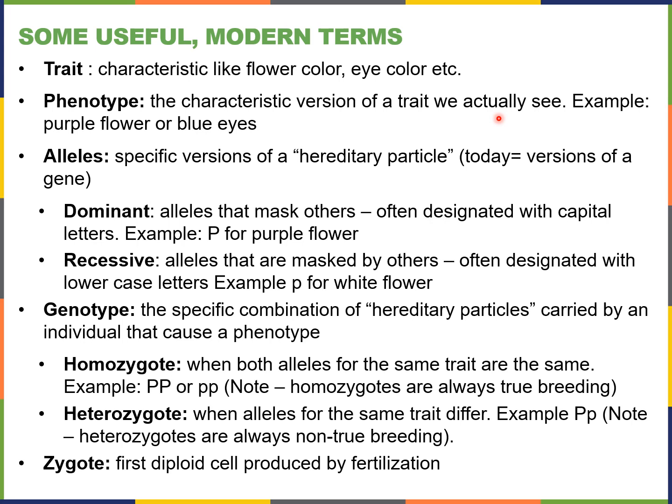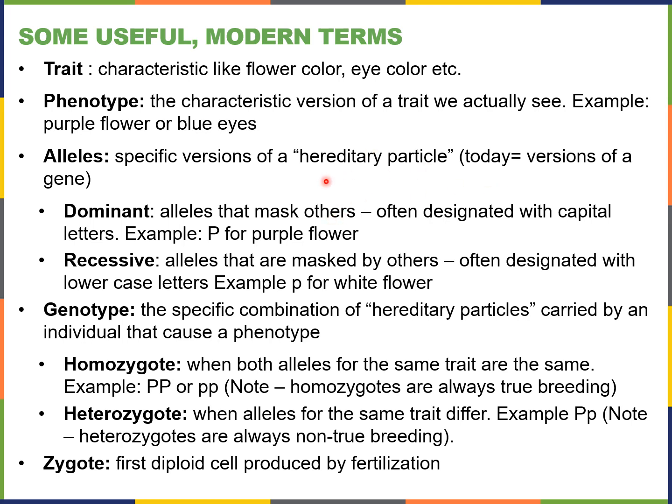Again, we don't always physically see it with our eyes, but a lot of times we do. So a phenotype would be like a purple flower, or you have blue eyes, right? And you're mating with someone who has green eyes. Allele is, like I said, that capital R or that lowercase r, right? It's a specific version of a hereditary particle. So a hereditary particle, basically, from what Mendel was saying, today we would call that a gene.